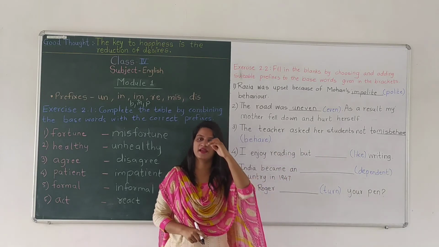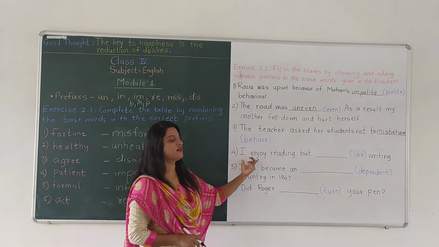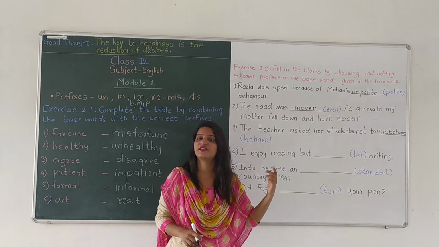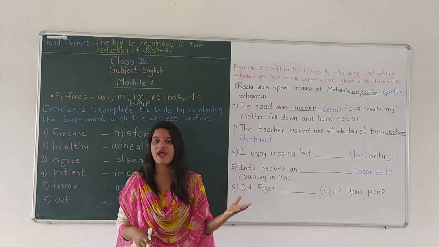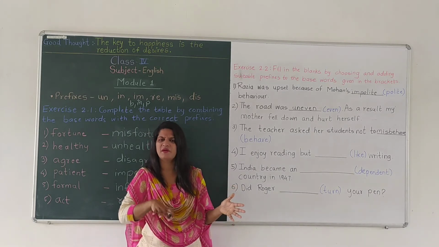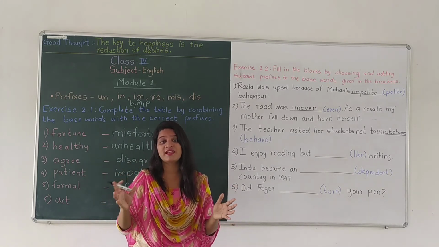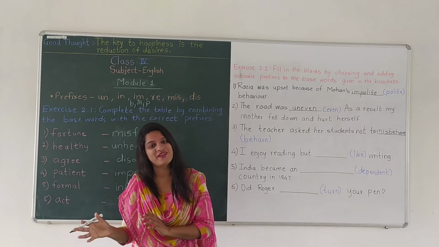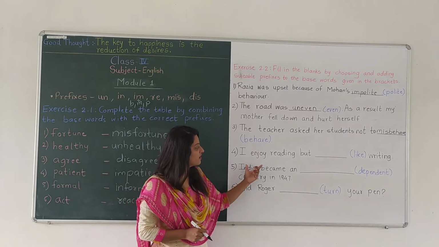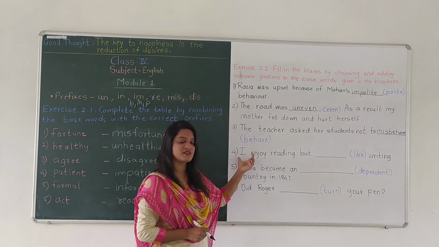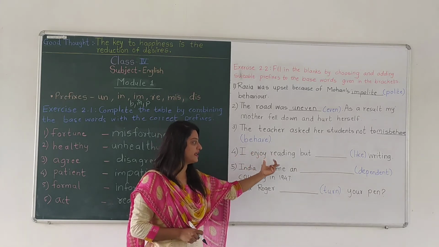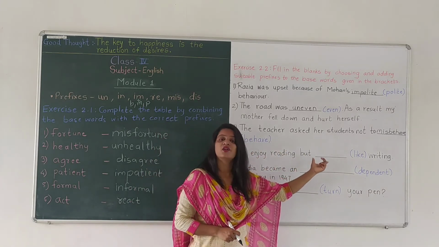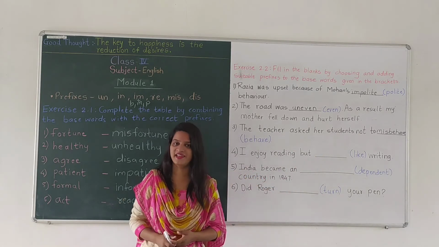Like writing. Now, what is mentioned here? That I enjoy reading. Now, sometimes it happens someone likes to read, someone likes to write. Someone likes to read but doesn't like to write. Someone likes to write but doesn't like to read. Right? So, over here, it is mentioned that I enjoy reading but don't like writing.